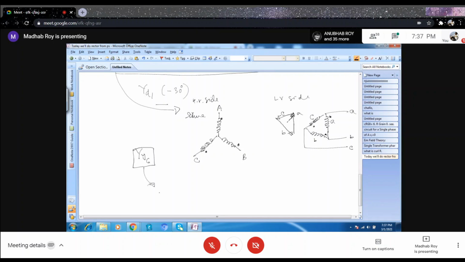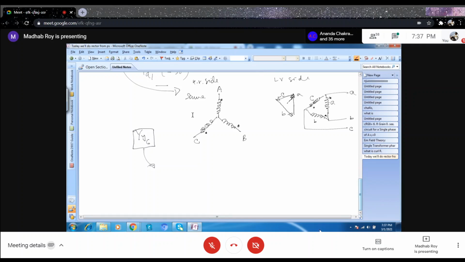First you have to draw the YY6. How to draw the YY6? For this, again we have to mark the phasor diagram. Now we have to mark the terminals. You can either make the dot or you can make the terminal, whatever you want.